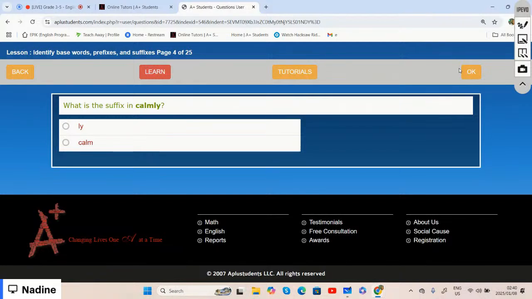We need to select the suffix. It's the word that we add at the end of the base word. Calmly. The suffix of calmly. Is it ly or is it calm?